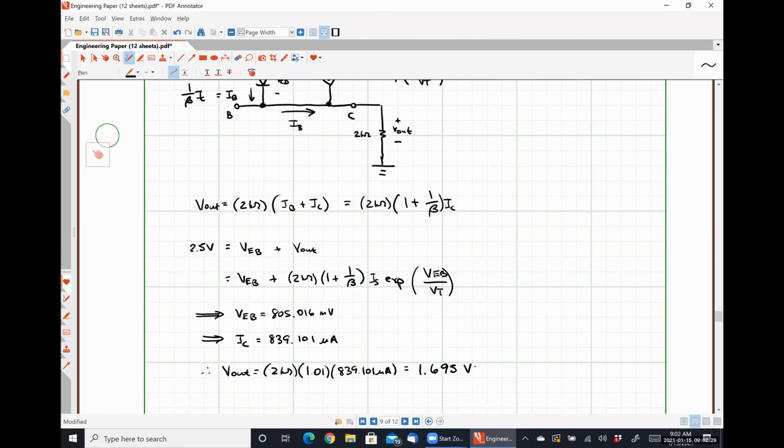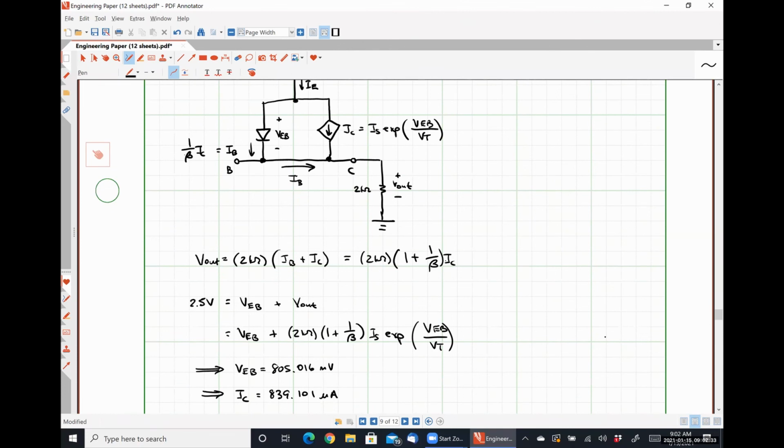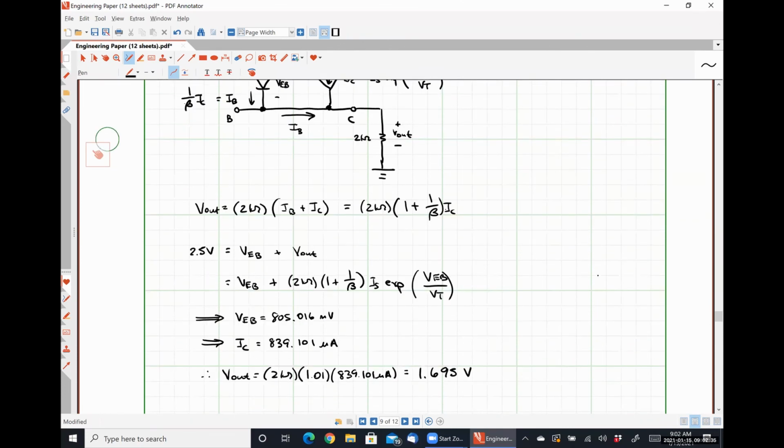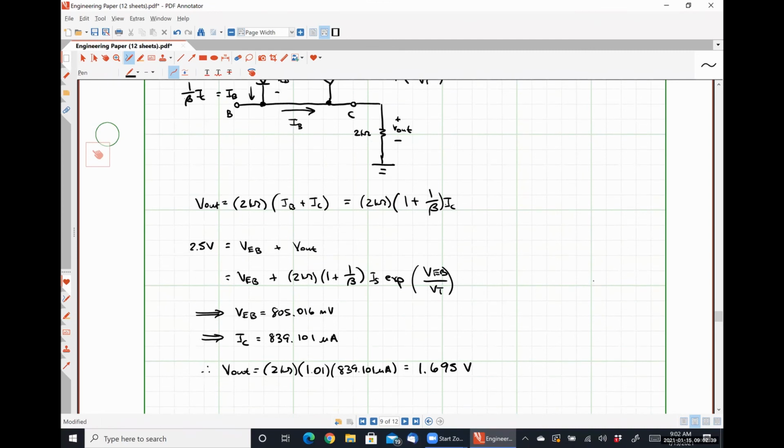That gives $1.695 volts. So that is V out, okay?